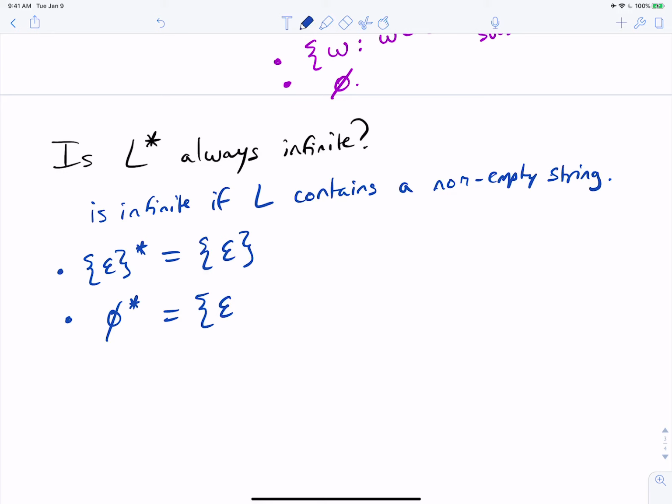So it says, take something from the empty set. Anything in there? No. So, and put it into this language. Well, there's nothing in there, so we're not putting anything in. Take two things from the empty set and concatenate them together. What do we get? Nada. So what is the resulting language? It's the same thing.